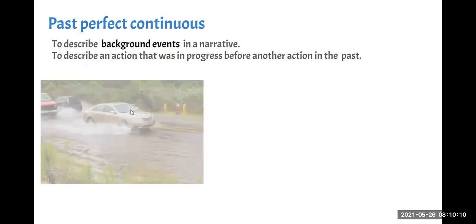The difference is that these actions in the past perfect continuous happened before another action in the past. So let's see here, to describe an action that was in progress before another action in the past. These are the two situations in which we can use the past perfect continuous.